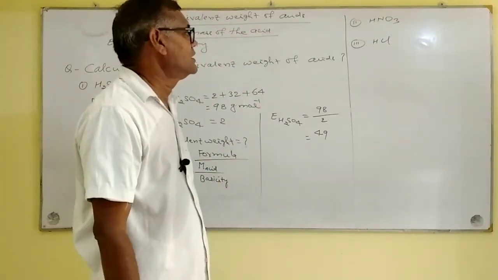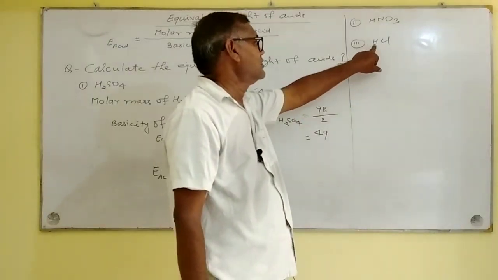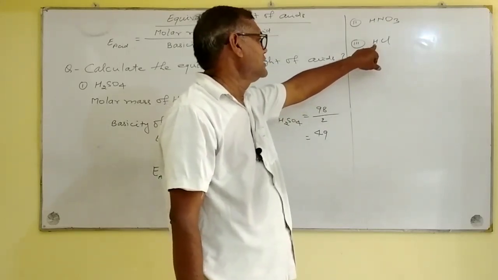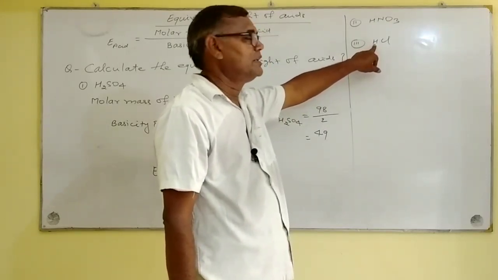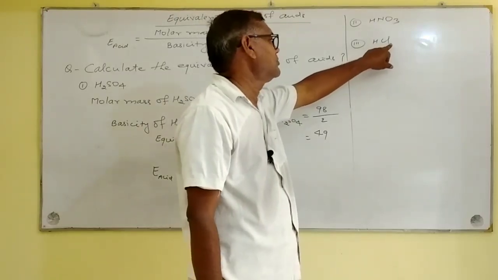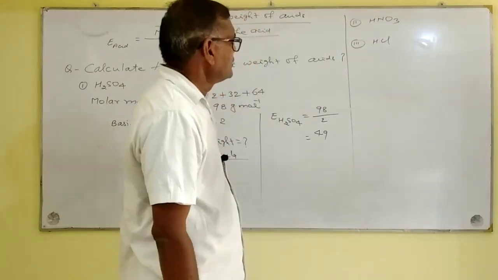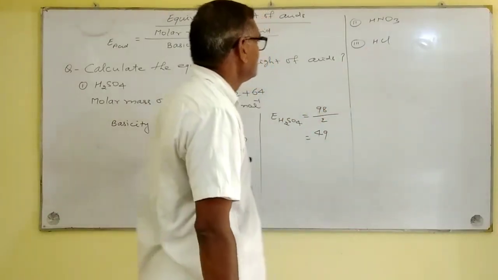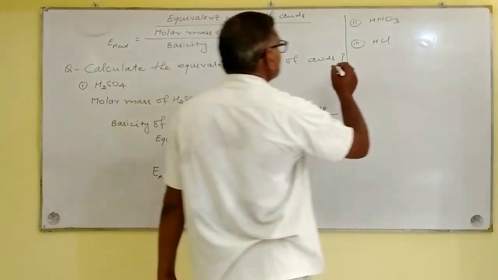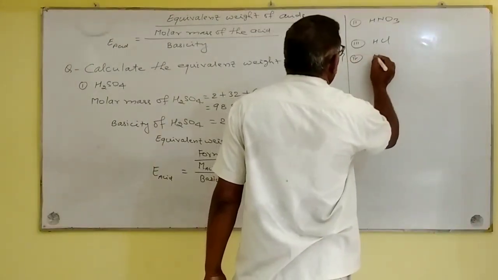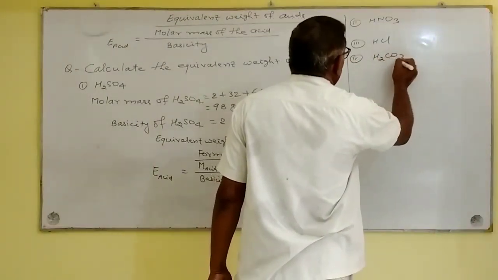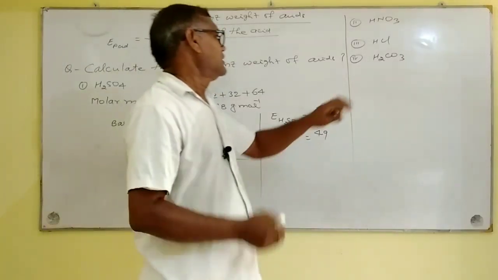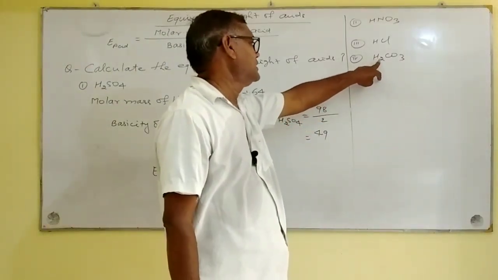HCl is hydrochloric acid. In HCl, one hydrogen atom present. It is called basicity of HCl. Therefore, basicity of HCl is 1. H2CO3, it is carbonic acid. In carbonic acid, basicity is 2.